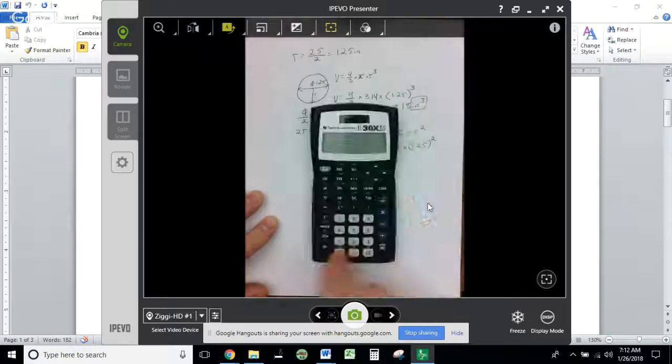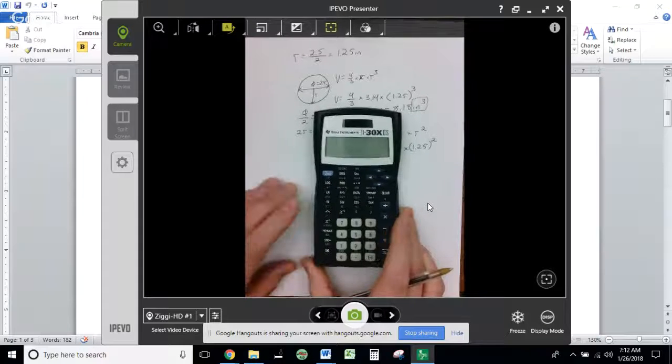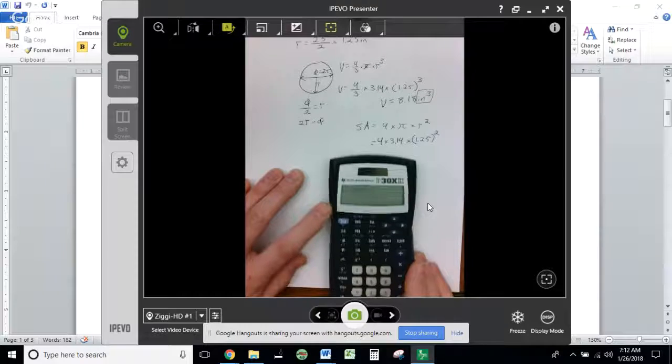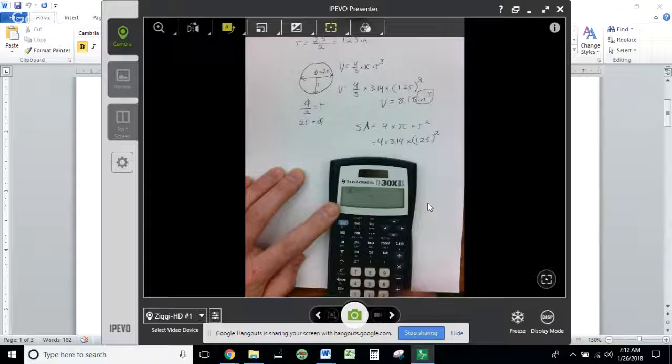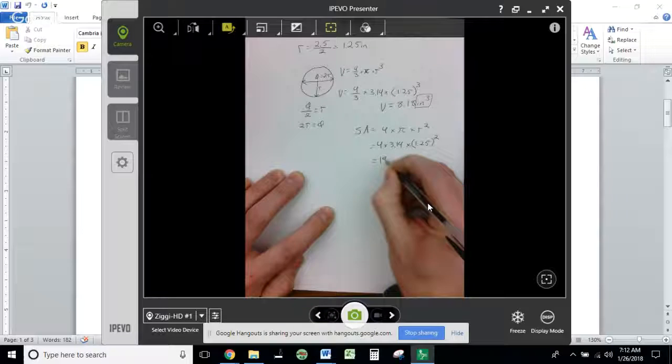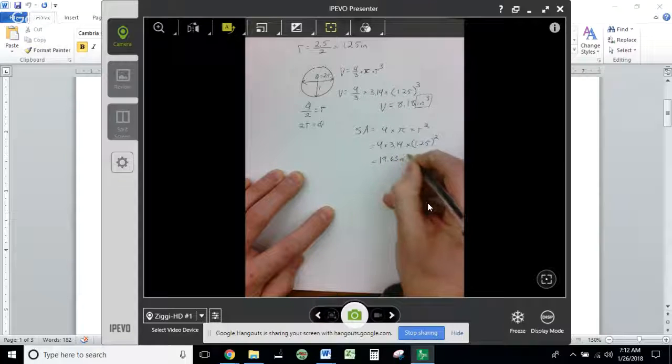So if you have a lovely calculator like this one, a TI-30X, that allows you to see what exactly you type in, we can go ahead and just go 4 times, you can use the pi button instead of 3.14, times 1.25 squared. And just get your answer, 19.63. And this is inches squared.